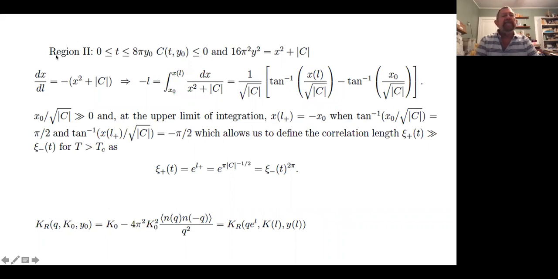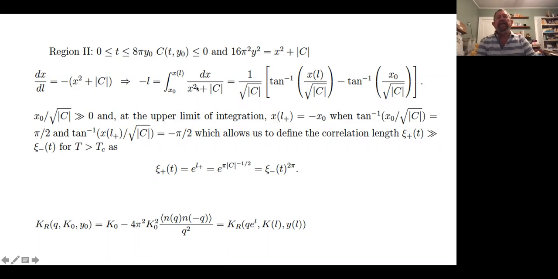Okay, then let's think about region 2, just above TC, where the fractional deviation from the critical temperature is small enough, because then this integration constant C is negative, and so we have 16 pi squared y squared equal to x squared plus the magnitude of C. And we can integrate the equation for x.